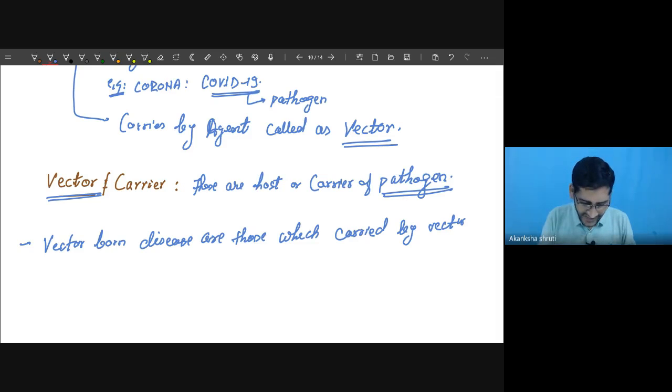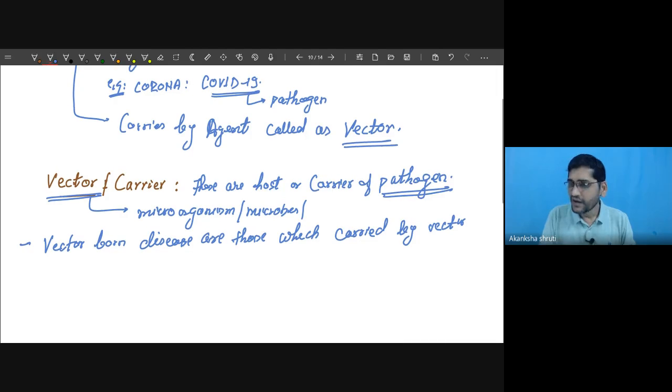So these vectors are your small organisms. So these are microorganisms, also called microbes. So microbes, or maybe your insects.